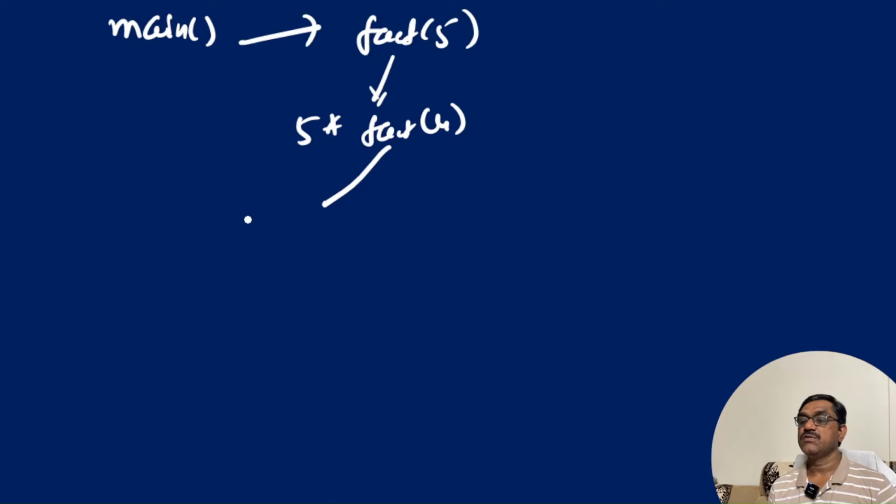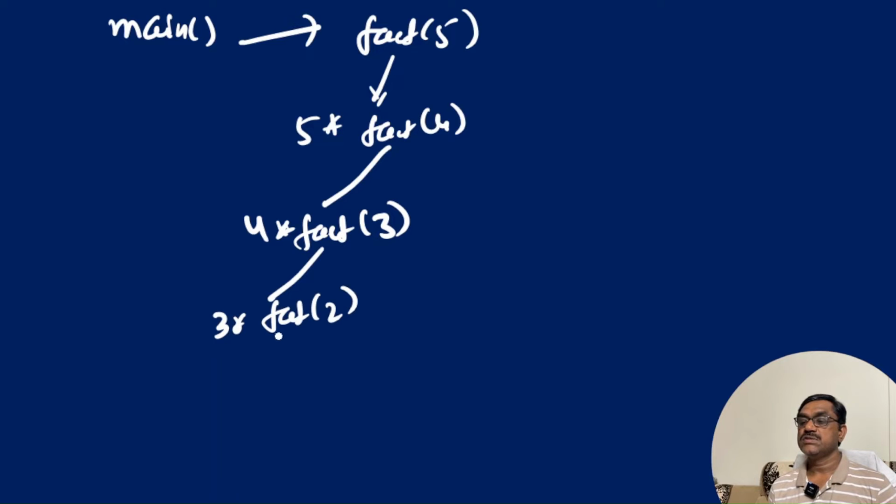This is divided into 4 into fact of 3, and this is divided into 3 into fact of 2, and this is divided into 2 into fact of 1. This is divided into 1 into fact of 0. So what is fact of 0? Return 1.